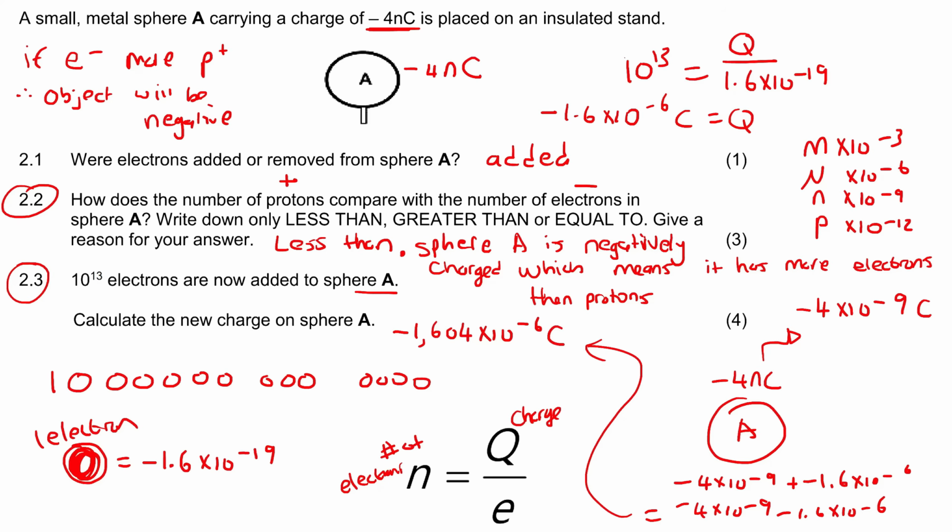You see how times 10 to the minus 6 is microcoulomb, so you could also write it as minus 1,604 microcoulomb. So both of those are correct.